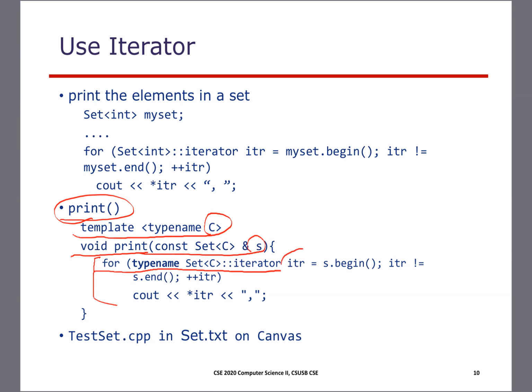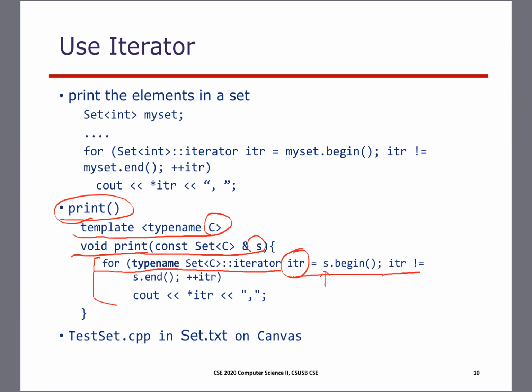So the iterator object name is itr. Its initial value is s.begin, where s is a set object. So we call the begin public member function to return the iterator representing the first node in the in-order traversal sequence.